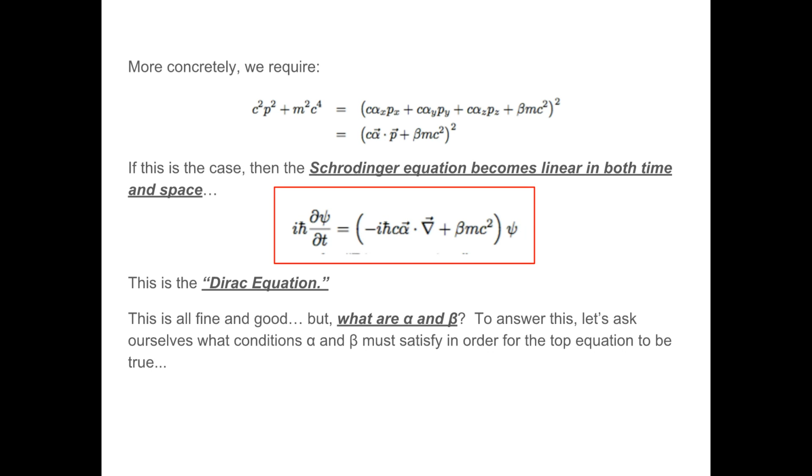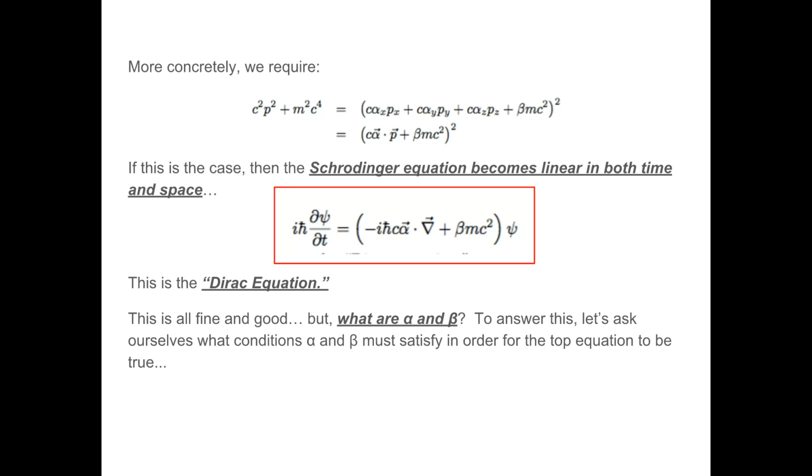So we've kind of just guessed that we can write that operator as a perfect square. We end up with this, but what the hell are alpha and beta? Basically, what we can ask is not what they are, but what conditions they have to satisfy in order to be able to say that this is equal to that.